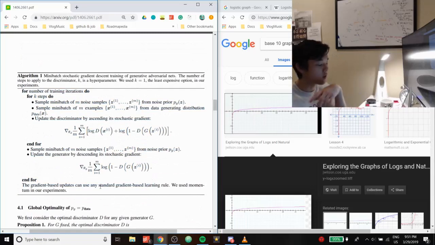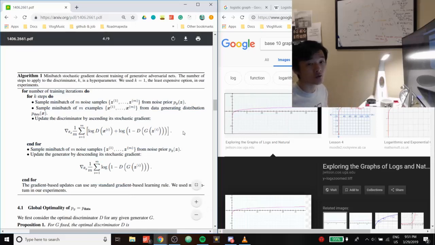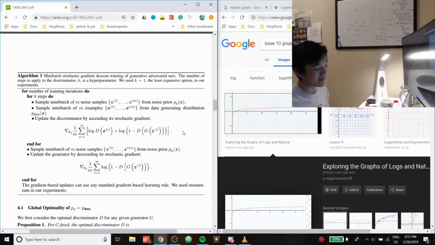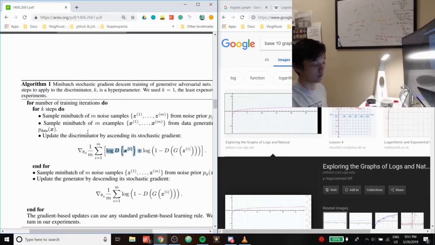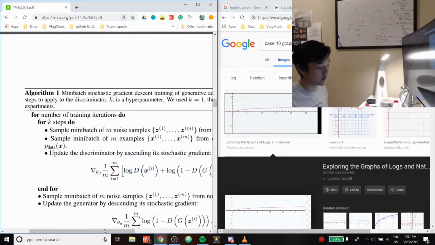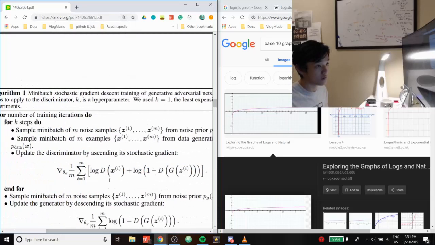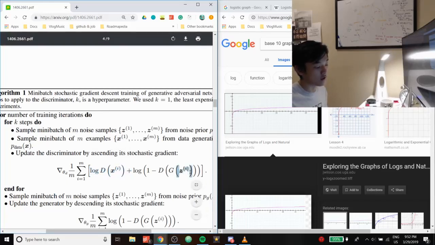So I want to summarize this part. The way I would personally tackle it is, whenever I see logs, which happen a lot in machine learning, I break down what this is saying in real life. To refresh, D is our discriminator, X is our real input, Z is our noise input, and G of Z is our generated input.